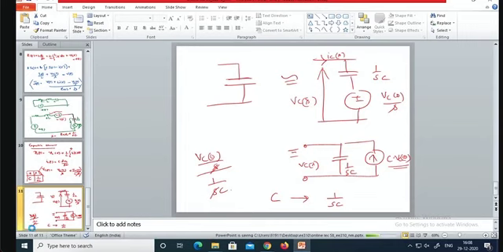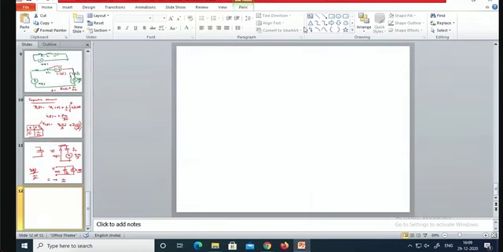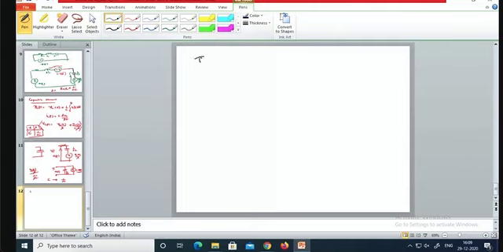Inductive element, let us discuss. So how the inductive element behaves, very similar fashion. So it is VL of t is equal to L into di of t by dt.